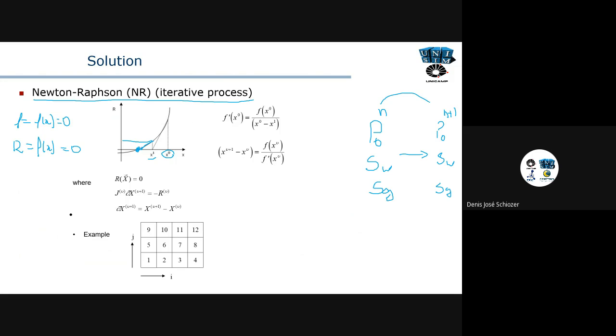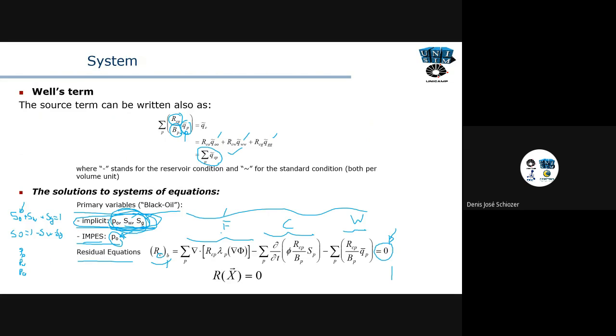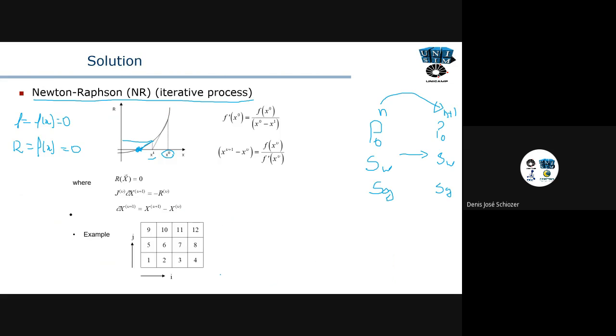So I'm going from the beginning of the time step to the end of the time step, trying to converge to this solution here. When I converge to this solution, that means that this equation is okay. If this equation is okay, it means that all the mass balance equations of all the components for all the blocks are satisfied. So that means that for the end of the time step, I know all the pressures and saturations for my case, okay?